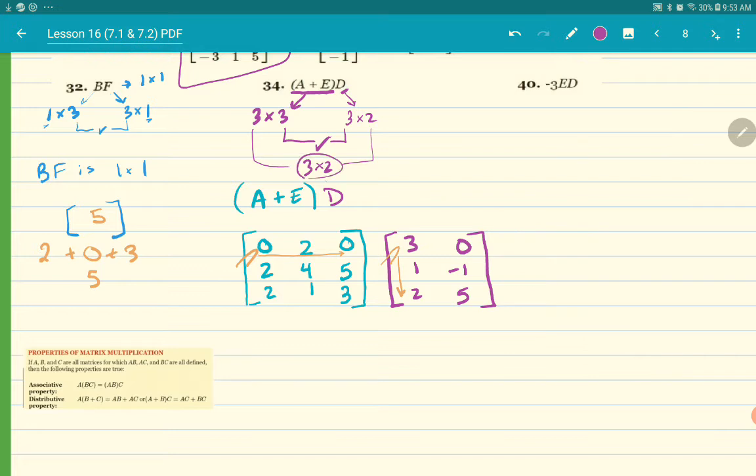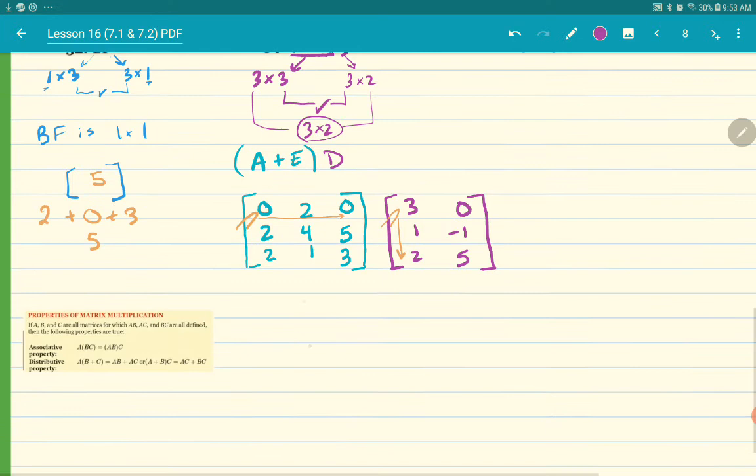So I know my result's going to be a 3 by 2, so I'll go ahead and draw in a 3 by 2. And I'm going to try to get this element right here. That element is row 1, column 1.